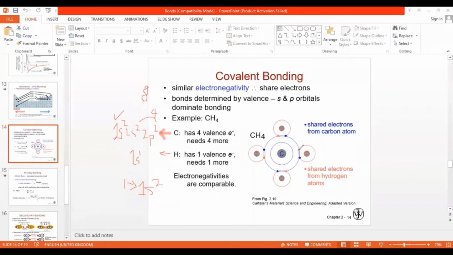All 4 hydrogens share their electron with carbon, and carbon shares its own electron with the hydrogens. After all this, if you see, hydrogen has 2 electrons: 1 electron is hydrogen's electron, the other one is carbon's electron. So it is shared, similarly in all 4 regions.